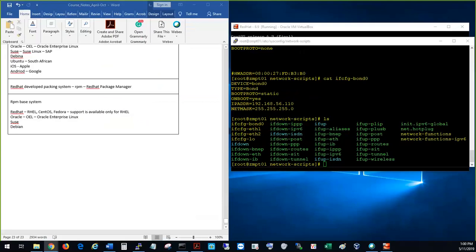So one thing we noticed was that service network restart does not suffice whenever we are changing these eth1, eth2 and bond config. It's better to restart the server, right? In a real world scenario, you don't have to do it.